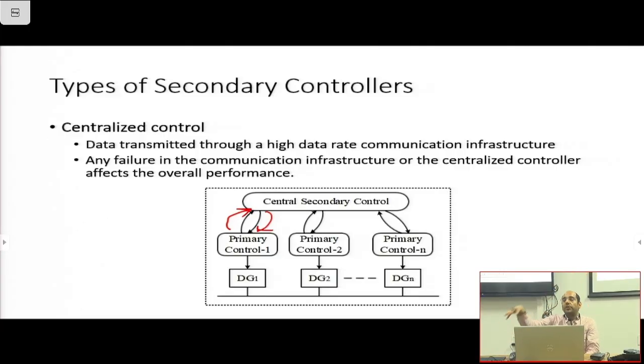So there is a lot of communication involved, and it can lead to failure, because if there is a communication failure here in the central control, then all the downstream units will fail to operate. So this is not a good approach, because it's very communication intensive.